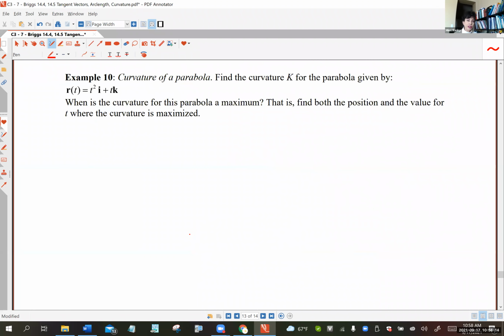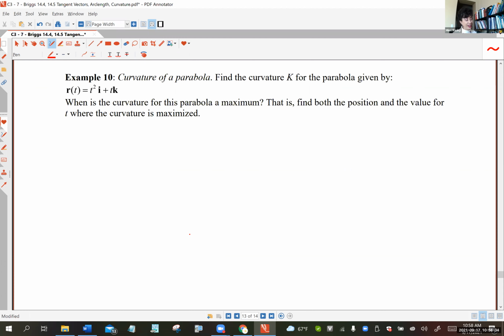So you can use your curvature formula like we did before, the big T prime magnitude divided by magnitude of r prime. It works. But here's the problem. For this particular example, big T prime, I don't want to get into it.